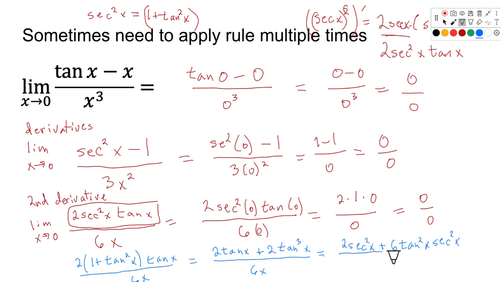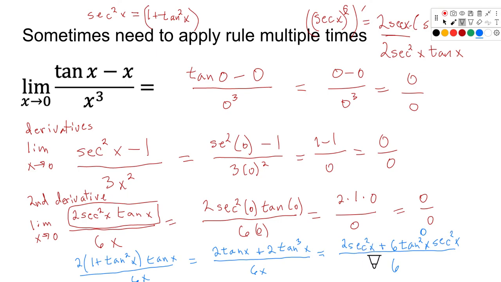But it's already looking very promising. And the denominator, take the derivative of 6x, we get 6. We've done this enough times that we know that the limit of tangent, if we plug in 0 for tangent, we're going to get 0, because tangent of 0 is that. So this part becomes 0.